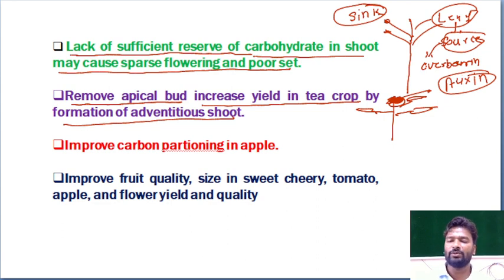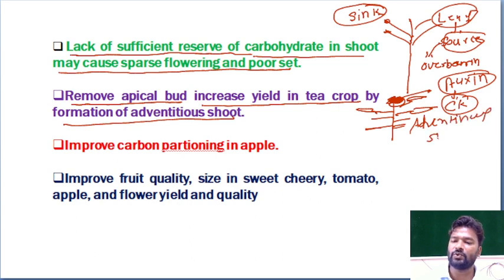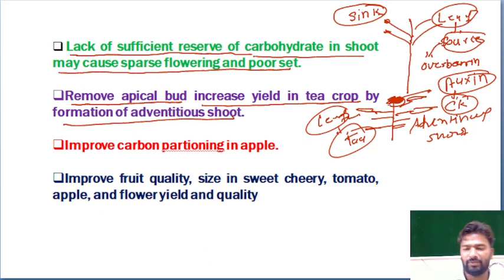So when you remove the auxin, there will be an increase in the cytokinin, and it improves your adventitious shoots, meaning more leaves, so more tea production. So removal of apical bud can increase the yield of tea crop by formation of adventitious shoots.